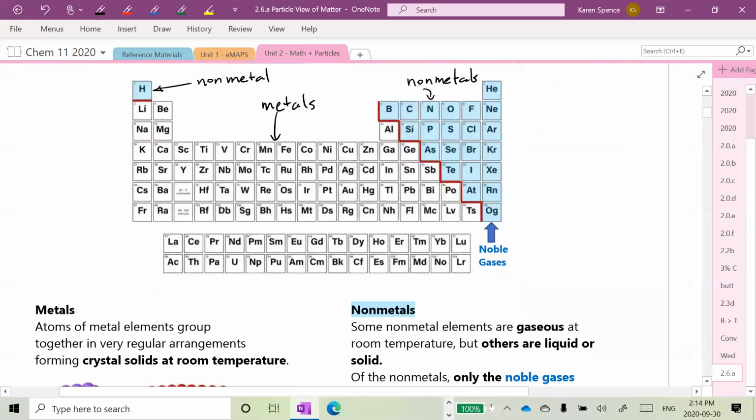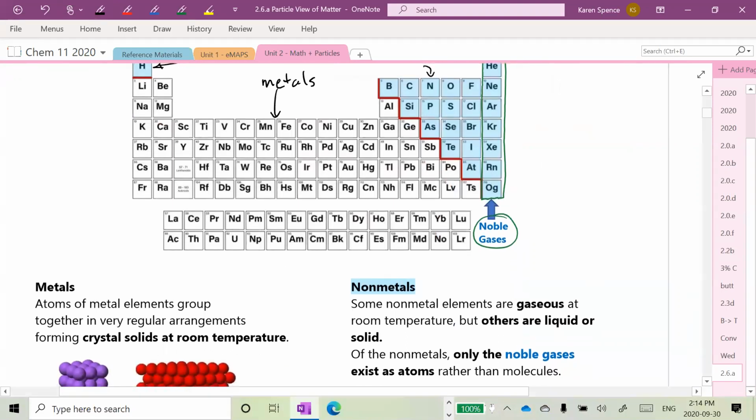And while we're here, we might as well take note that these guys over here on the far right are the noble gases. We'll review the rest of them in a bit, but those are the noble gases.